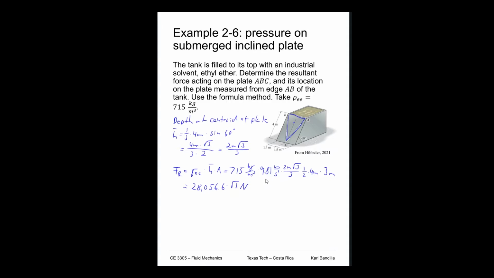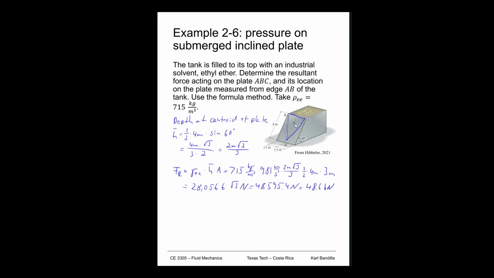Now we just have to make sure that the cubic meter cancels out: we have a meter here, a meter there, so it cancels out. That is a good value. Let's calculate what this would be: 48,595.4 Newtons, or 48.6 kilonewtons. We want to keep those longer, more precise numbers just in case we need them for other calculations.